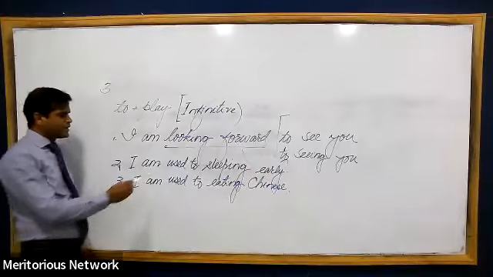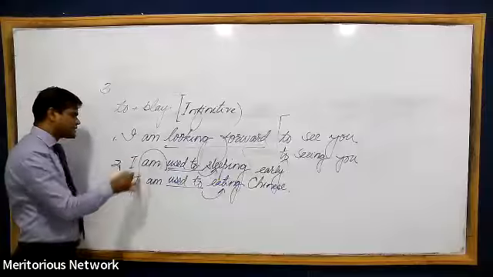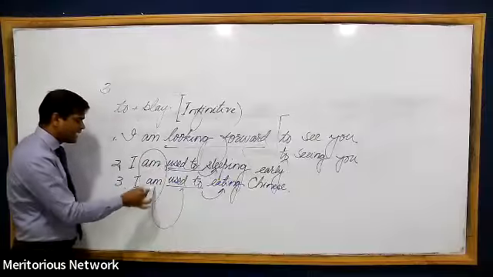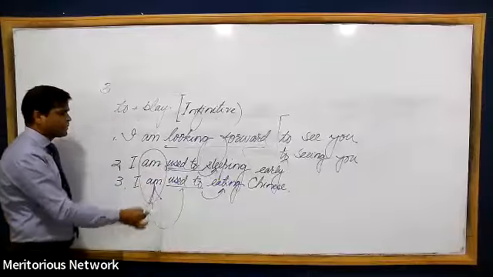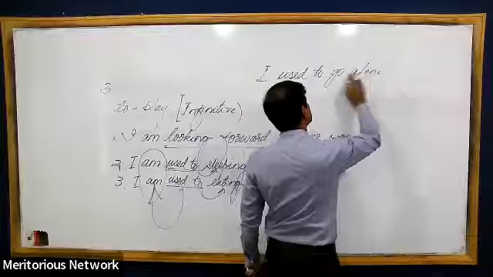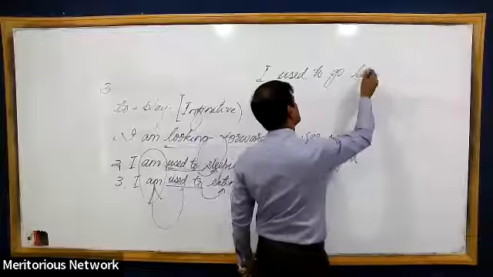So see, here I used the ing form with used to. Why will you use the ing form? If there is a helping verb before used to, then ing will come, and if there is no helping verb before used to, then ing will not come. Look at the sentence. I used to go alone. I used to go to school alone.